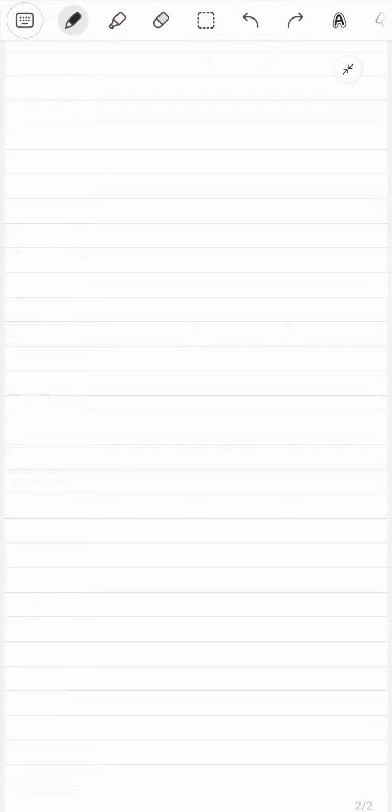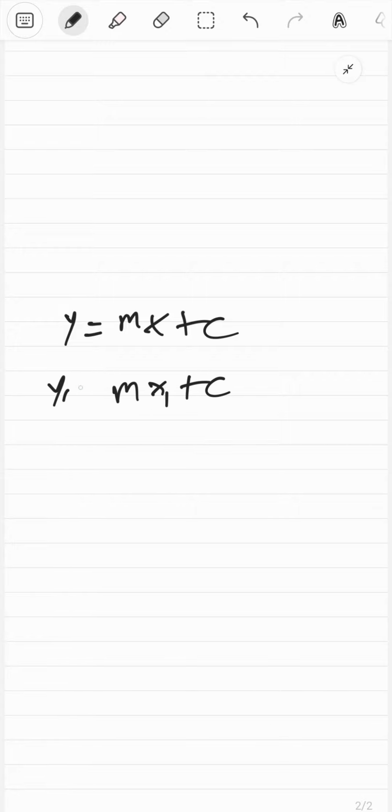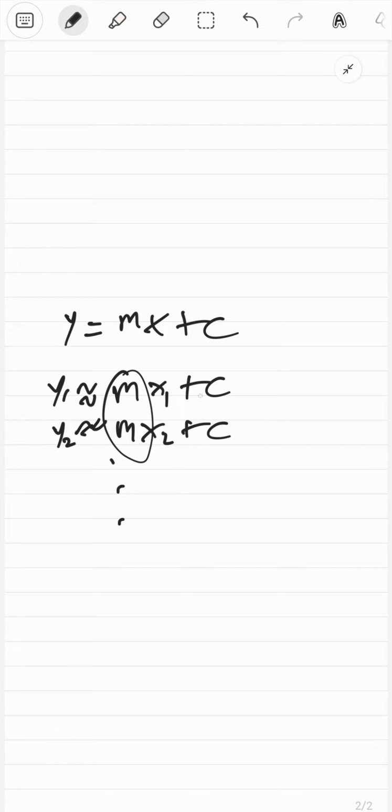So for example, you could have a model like y equal to mx plus c. You give it different data points, and then it will try to predict what the parameters should be, and it will fit these parameters.